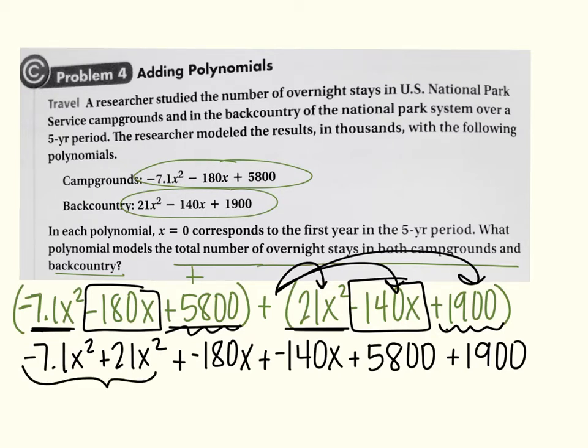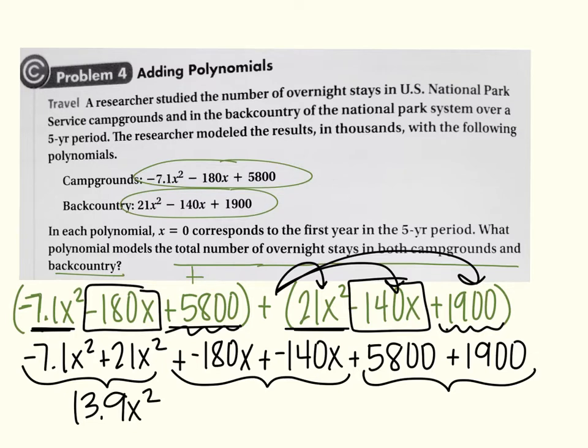And then I just want you to combine like terms. So negative 7.1x squared plus 21x squared. Take your calculator. I get 13.9x squared.